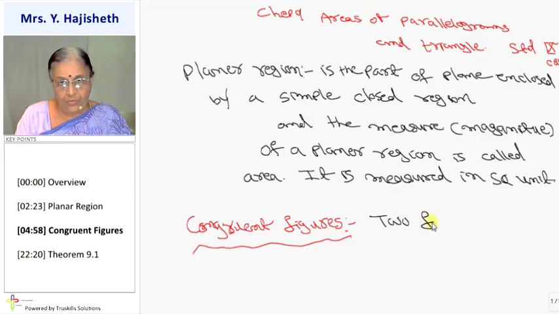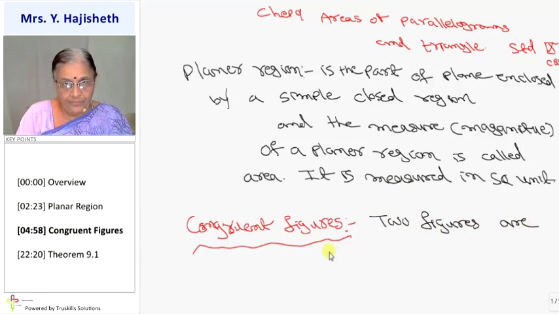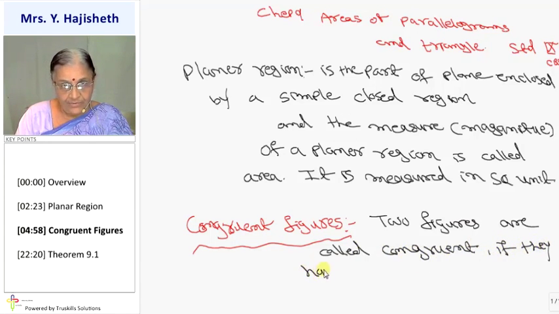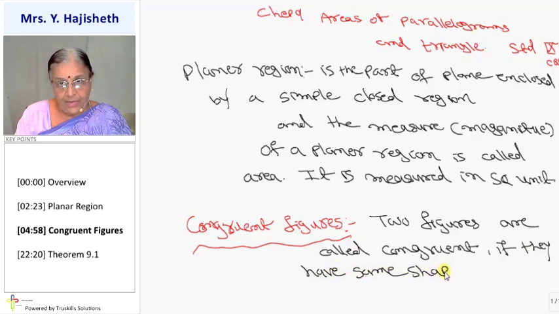Two figures or more than two figures are called congruent if they have the same shape and the same size. Right?